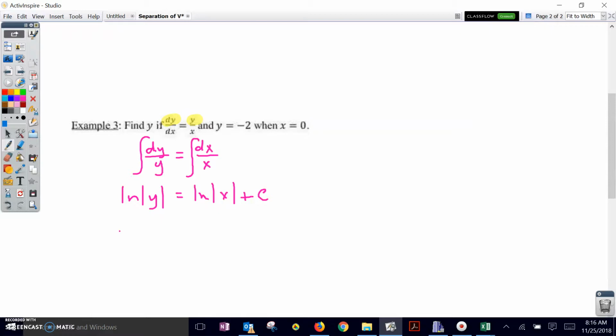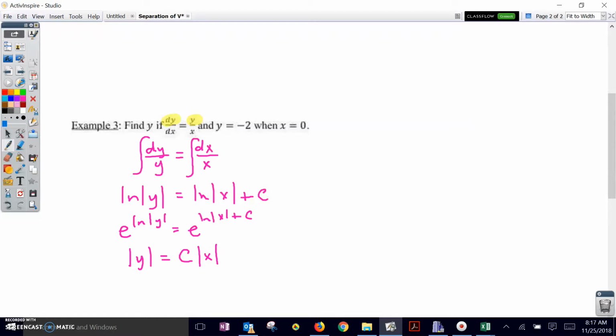So we've got e to the natural log of the absolute value of y is equal to e to the natural log of the absolute value of x plus c. And so we're going to have the absolute value of y is equal to c times the absolute value of x.